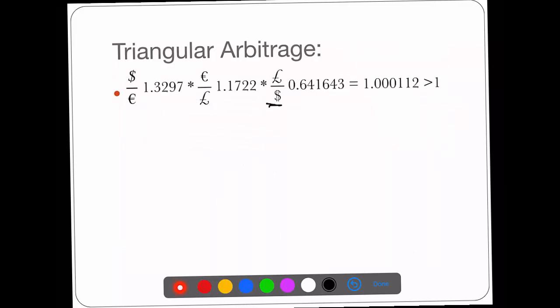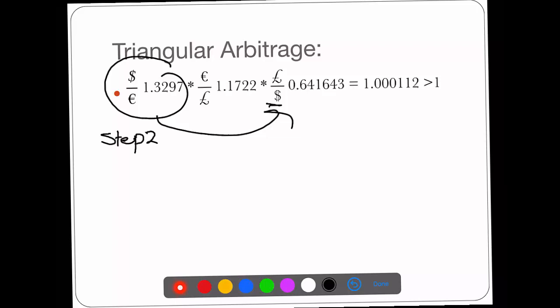If you have euros, then rearrange the exchange rate in such a way that you bring this over here on this side. So the step 1 you already did, you checked the product. The step 2, within the step 2, the first part is to sell 1. This is actually the sell.